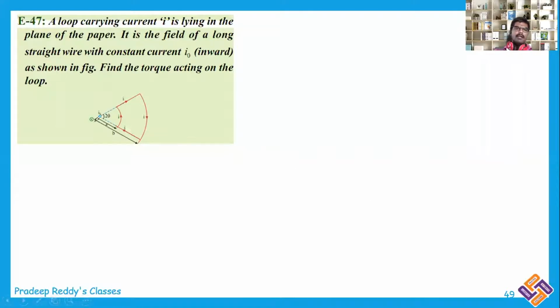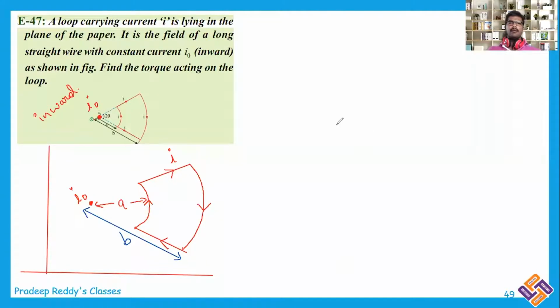Yeah, students, here is a current carrying loop in which the current is I naught, and this current I naught is inward. Let me take this as the x-axis. I'll draw this figure a little bit bigger.